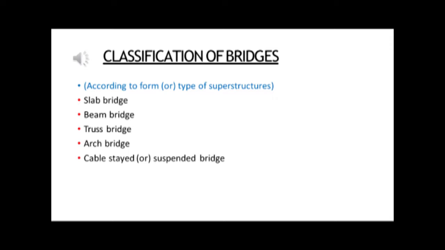Trusses are where we provide N-type truss, Warren-type truss, or Pratt-type truss, and there are numerous classifications of trusses. Then we have arch bridges and cable-stayed bridges, which are best to resist compression and tension respectively.